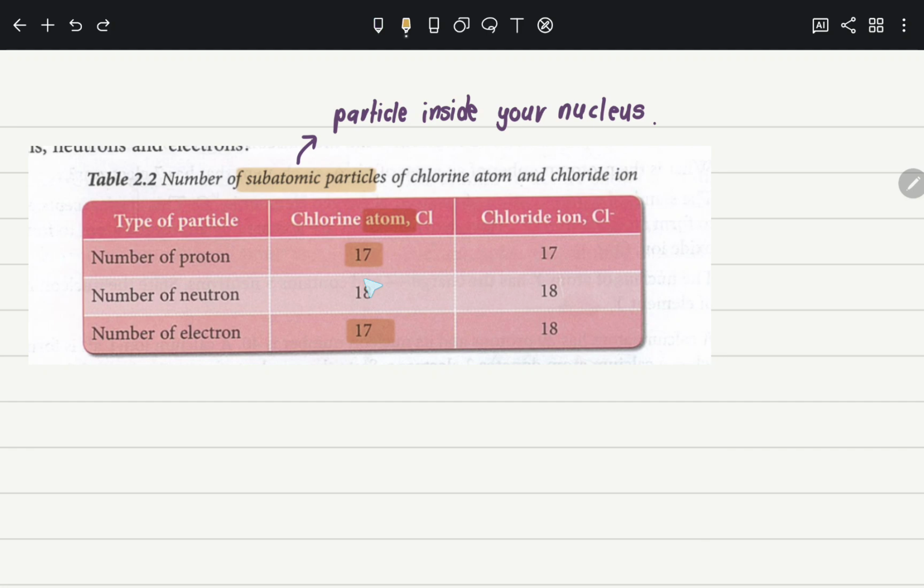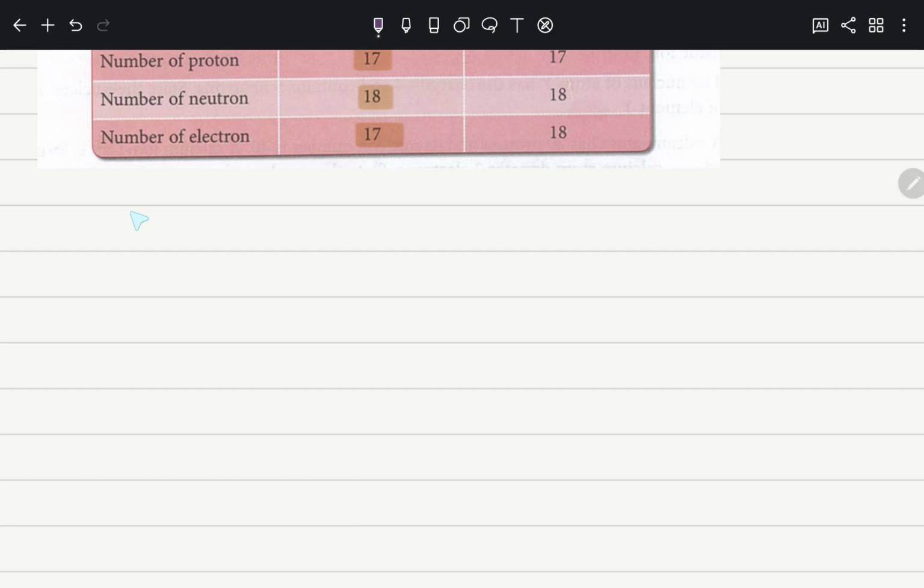But this scenario is not the same in ion. In ion, your proton will remain just the same. I write for you here: in atom, proton and electron are the same.